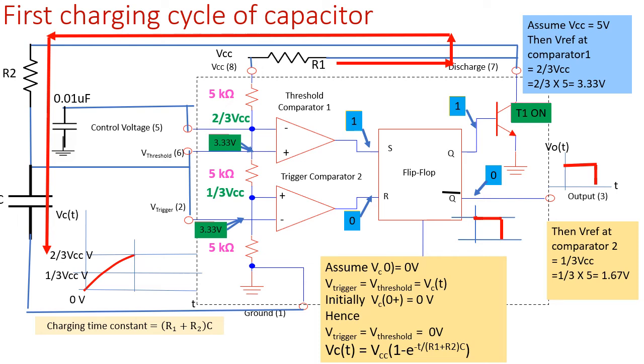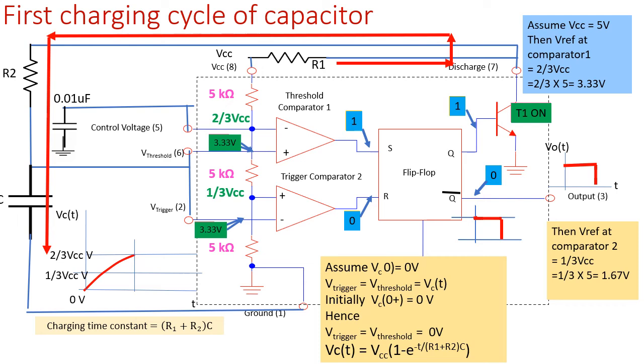This charge will not reach the maximum voltage VCC. It will only reach up to 2/3 VCC, and it will stop here. Once it reaches 2/3 VCC, at both comparator circuits the voltage is now 3.33 volt. It will compare, and as in the threshold comparator both inputs are 3.33, it will give output 1.